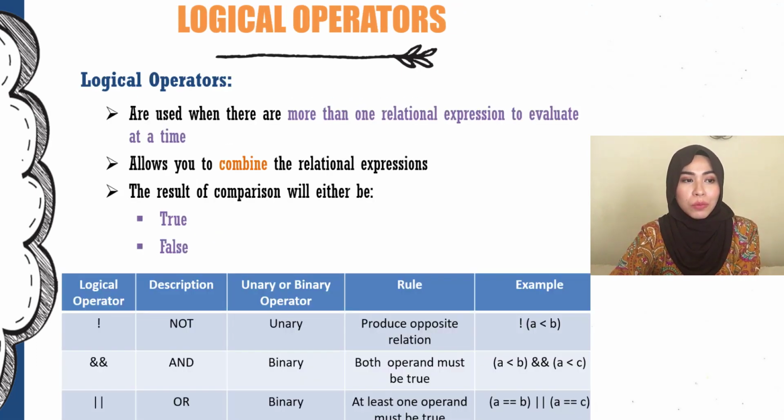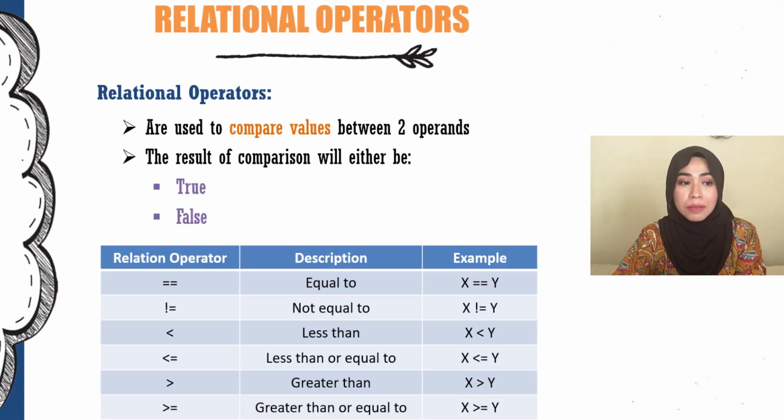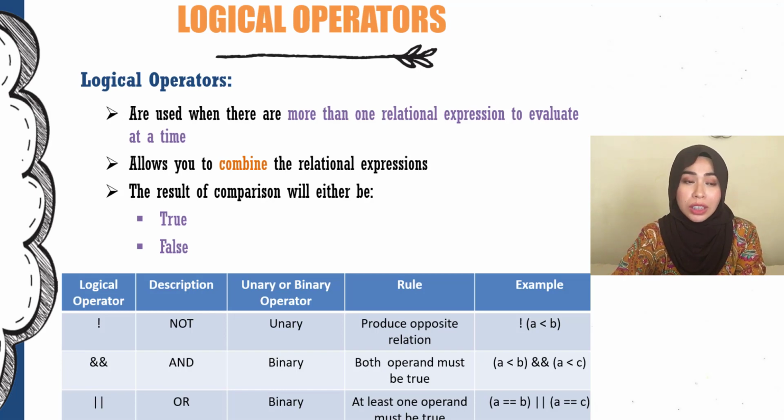Now, logical operators are used when there is more than one relational expression to evaluate at a time. It allows you to combine the relational expressions. The result of comparison will either be true or false. Now, previously, that one was relational operators, whereas this one is logical operators. What are the differences between the two?